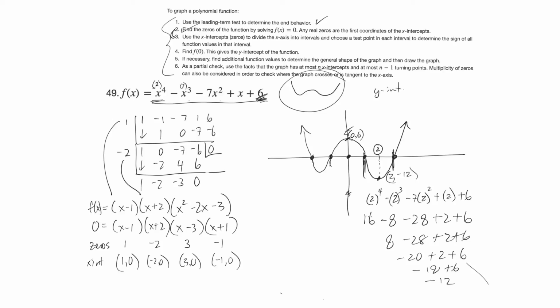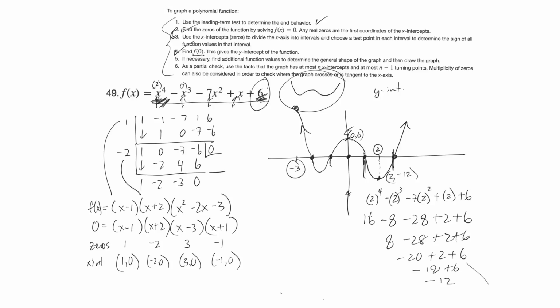Then they say find f of 0, that gives the y-intercept, that's always that number. If I put a 0 in everywhere I see an x, all of those cancel, and so it'd be 6, got it. If necessary, find additional function values. Here, if you wanted to, you could go to negative 3 and plug a negative 3 in everywhere you see an x, and it should be positive something up there.